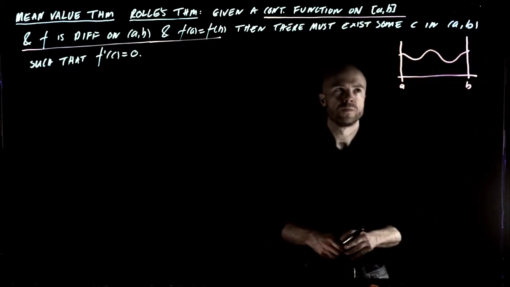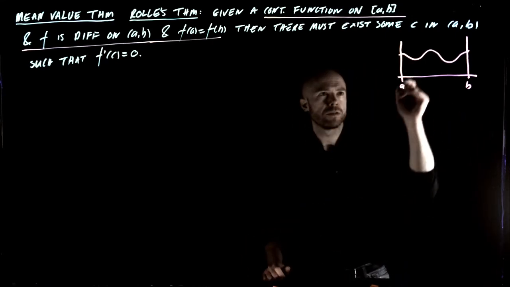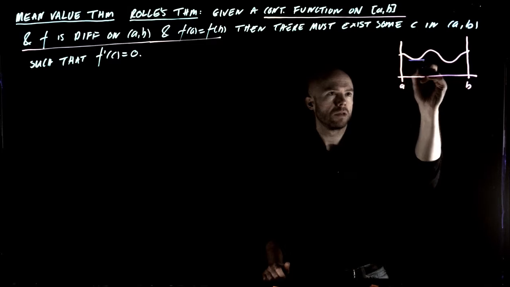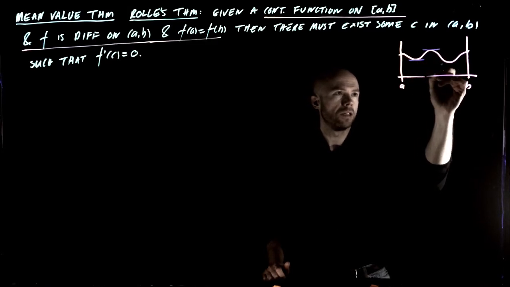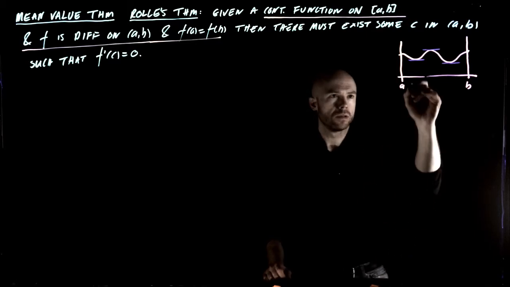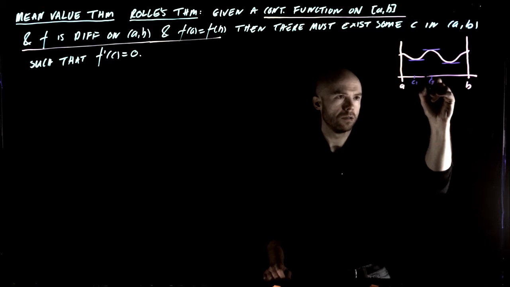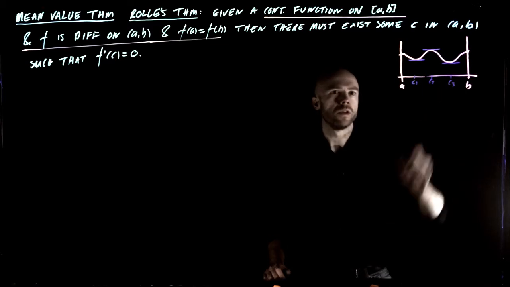That would be an example. Sure enough, we see there are points where the derivative is 0, because right here and right here, this is where the tangent line is horizontal, and therefore the derivative is 0. Those things are equivalent. So our points would be here, C1, C2, C3.